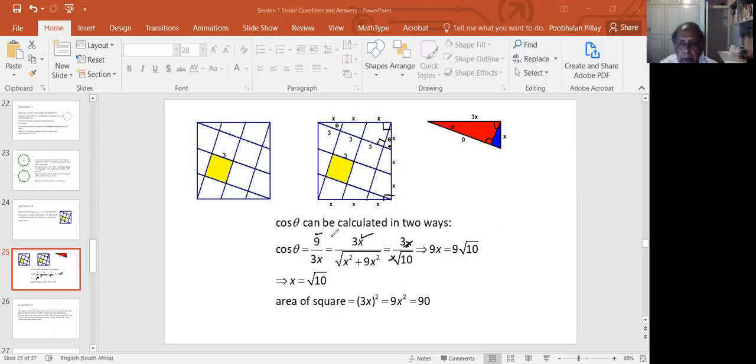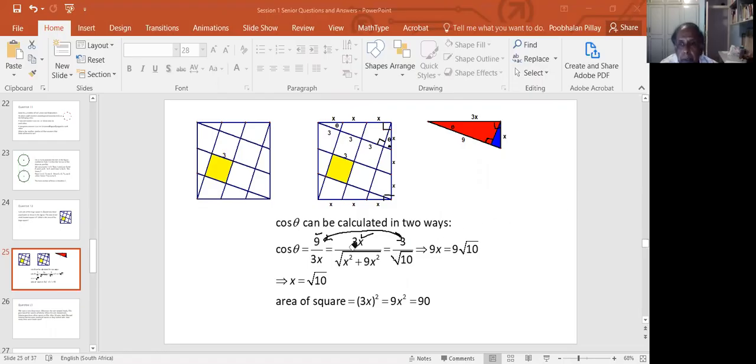So now you have 9 over 3x equals 3 over root 10. So you have an equation. If you cross multiply, 9 times root 10 is equal to 3 times 3x. Let me just take out the x for clarity.